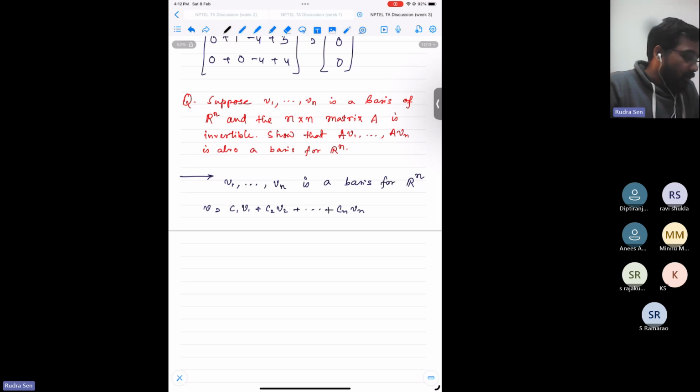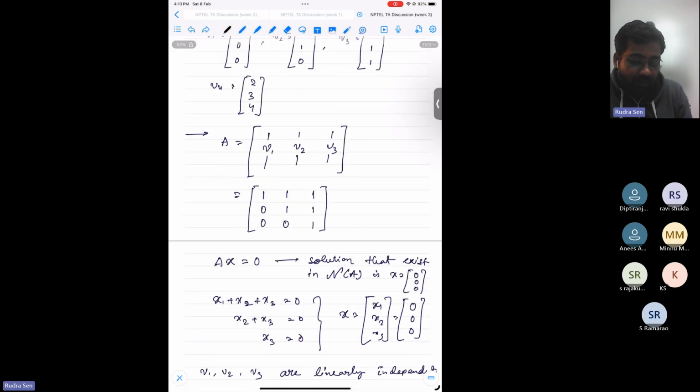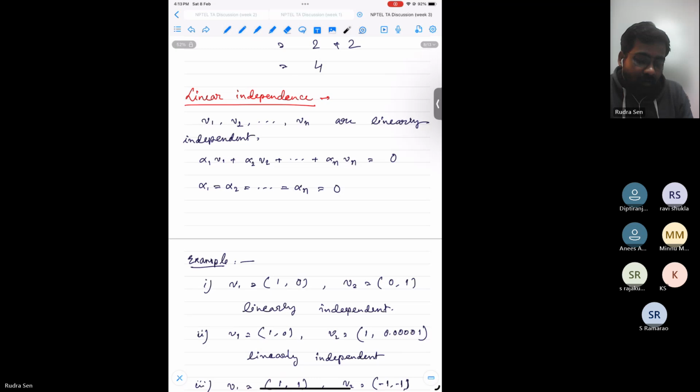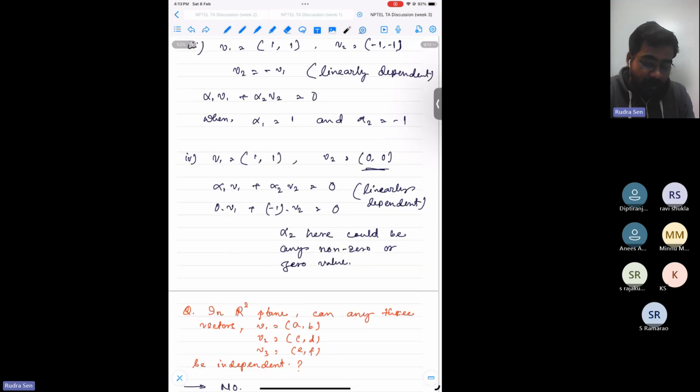Now we have to show the linear independence of AV1 to AVn. How can we show this? Using that formula, we have to show that if all the coefficients are 0, then the sum leads to the 0 vector, and then we can say they are linearly independent.